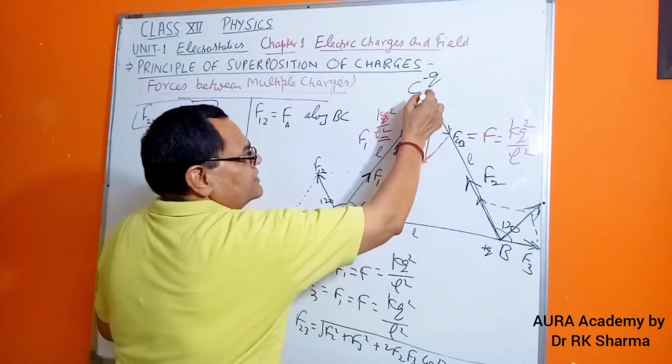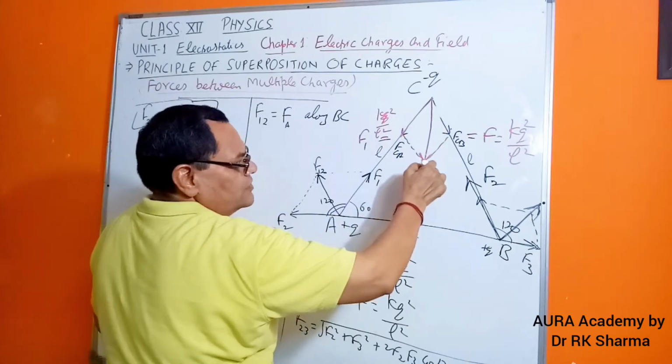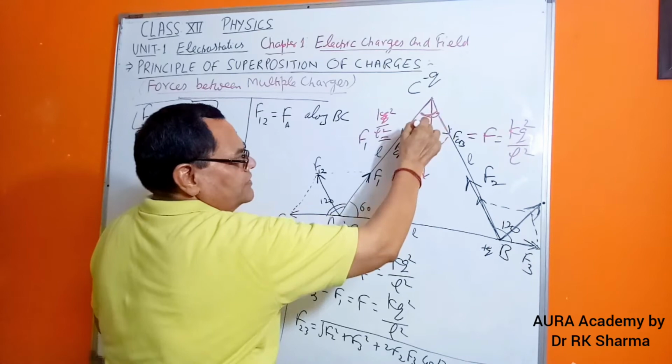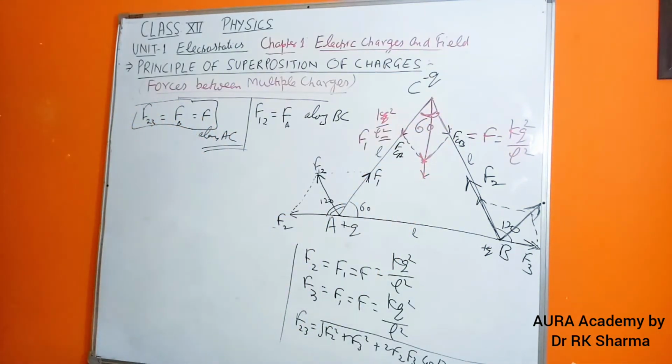Alright. So this point is C. So it will be pointing from C downward like this. So we can find out one force is here, one force is here. And the angle between them is how much now? 60 degrees. Alright. How much is it? 60 degrees.